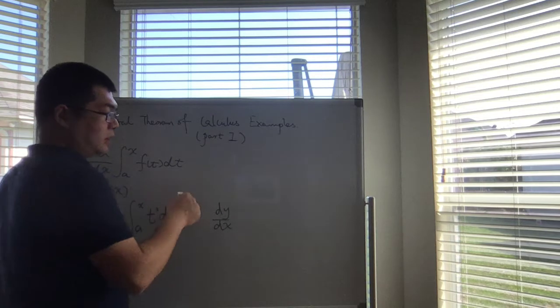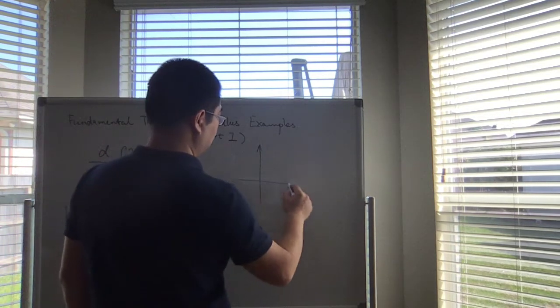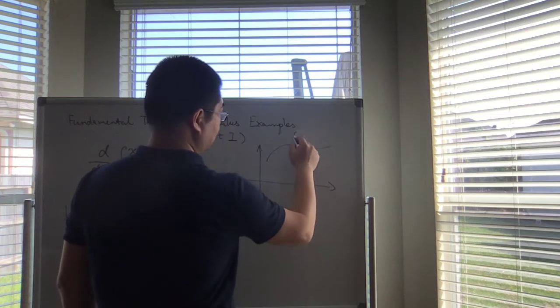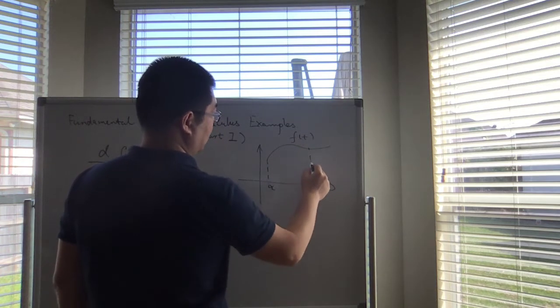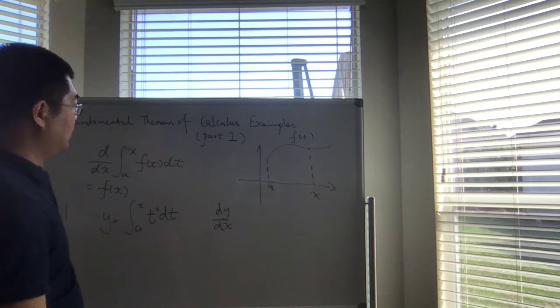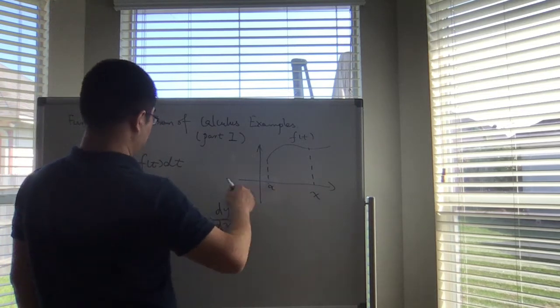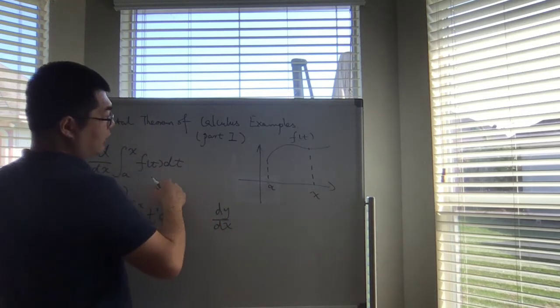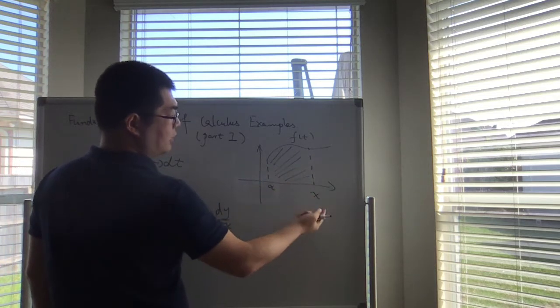If f(t) is a positive function, and this is f of t, this starts from a, this is x, then as you can see, with different values of x, this integral stands for the area under the curve between a and x, right?